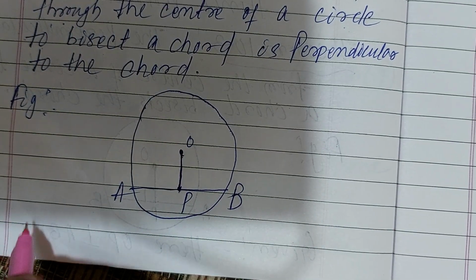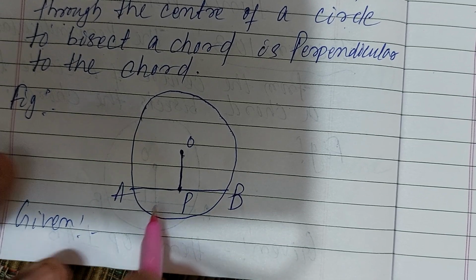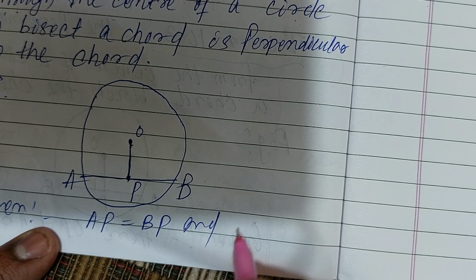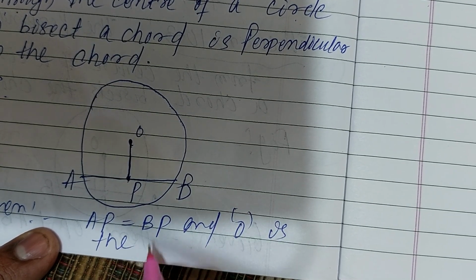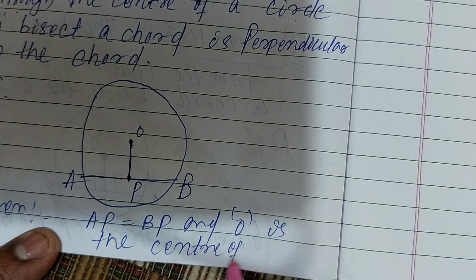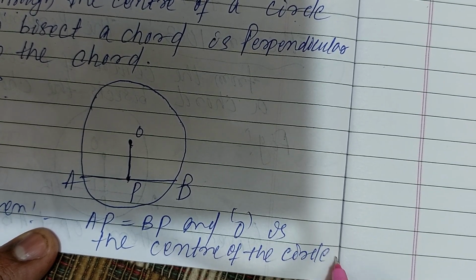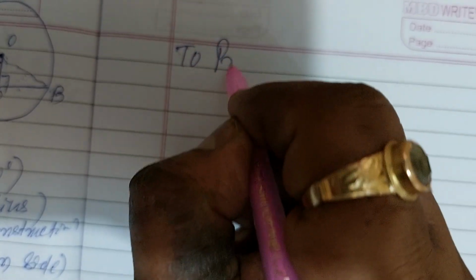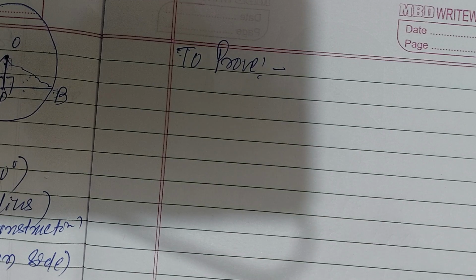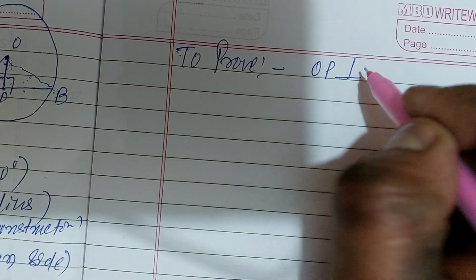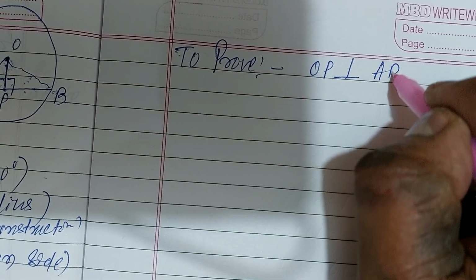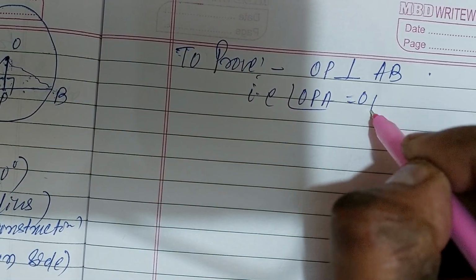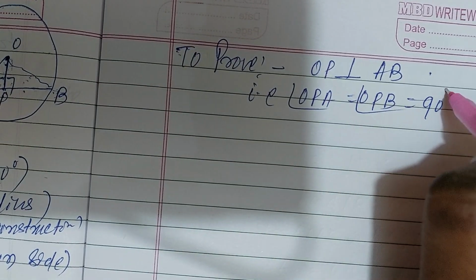We prove that here. Given AP is equal to BP and O is the center of the circle, right? Clear, students? What do we prove? To prove OP is perpendicular to AB, that is angle OPA equal to angle OPB equal to what? 90 degrees.